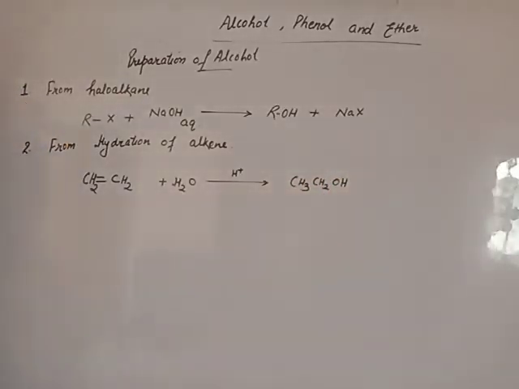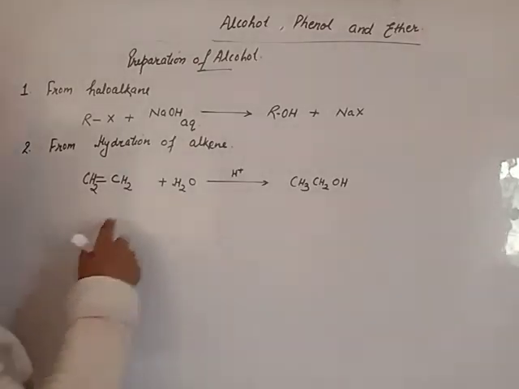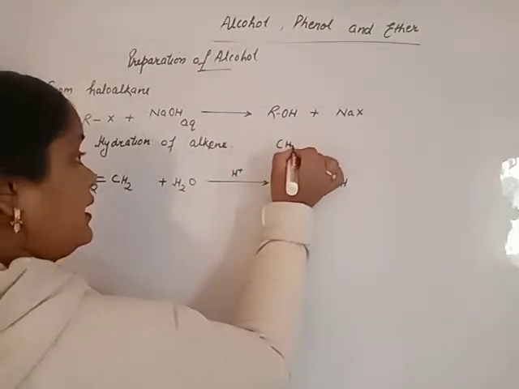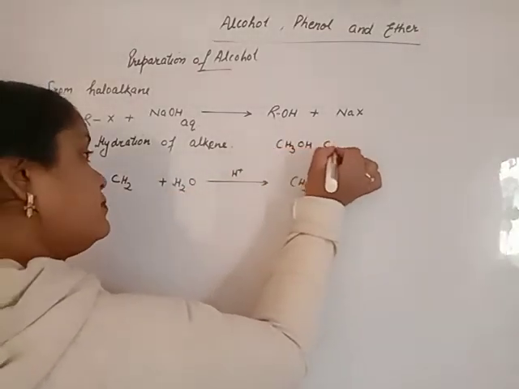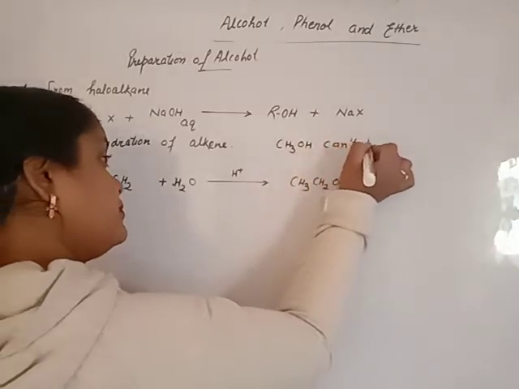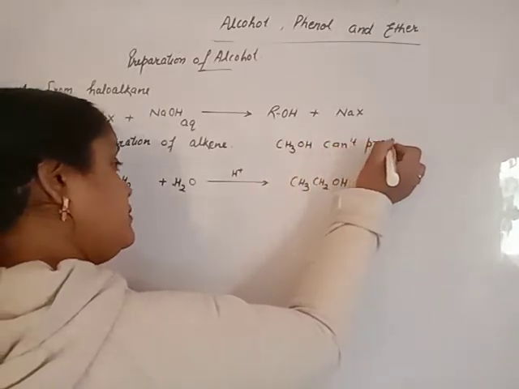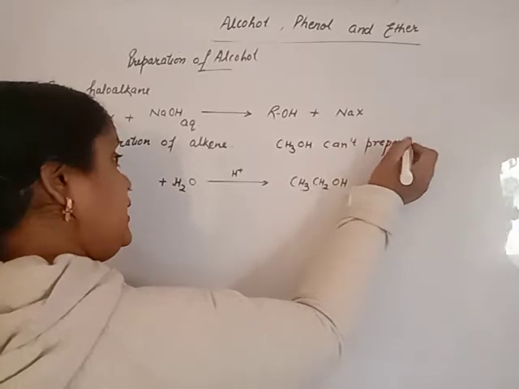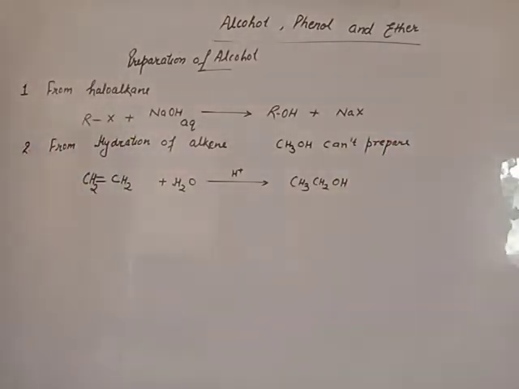The simplest alcohol, ethanol, will be prepared. By this reaction, methanol can't be prepared, because alkene consists of at least 2 carbons.